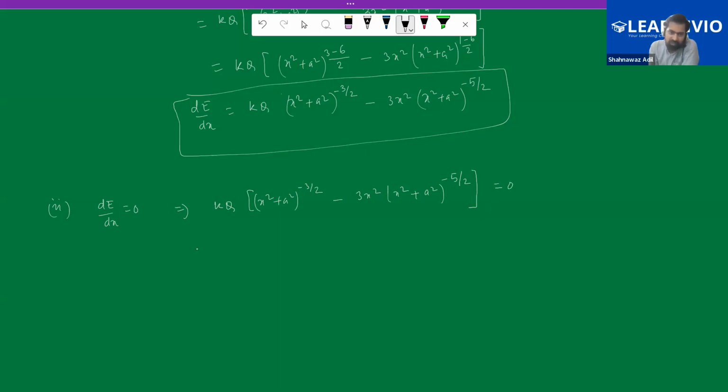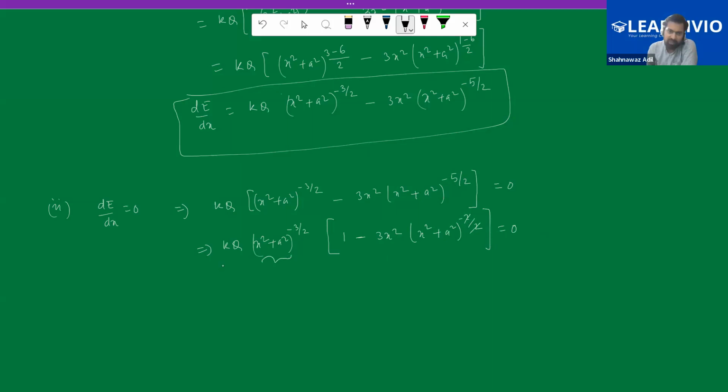We can take (x² + a²)^(-3/2) outside, and this will become how much? This is 1 minus 3x², and this is how much? If I take 3/2 from here, so this is minus 2/2, right? Clear? Yes, sir. So this is minus 1 and this is equal to 0.